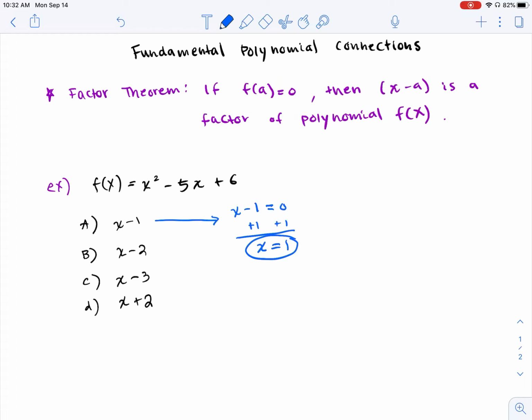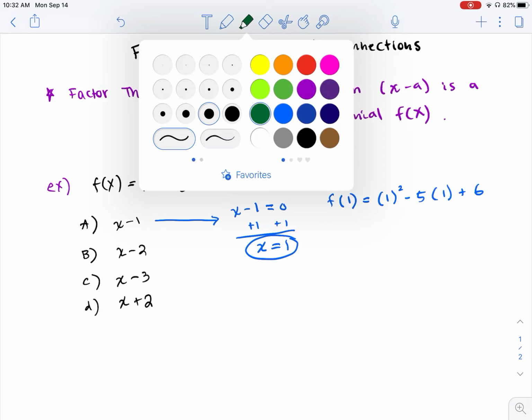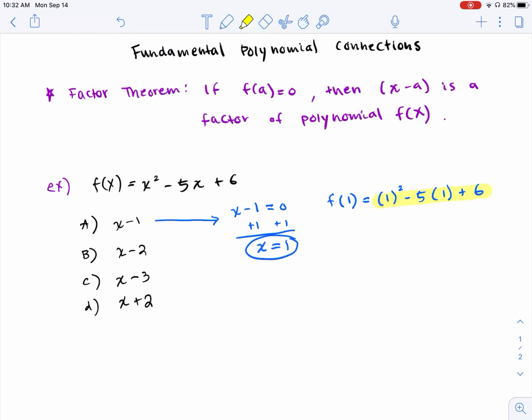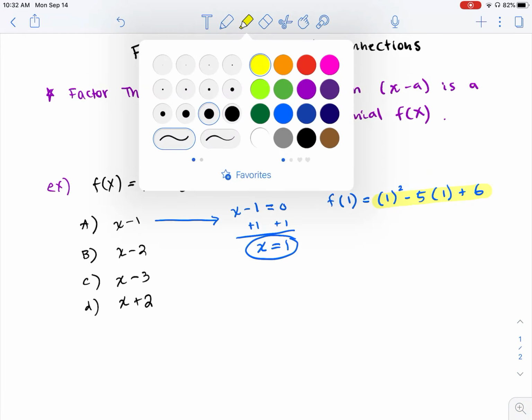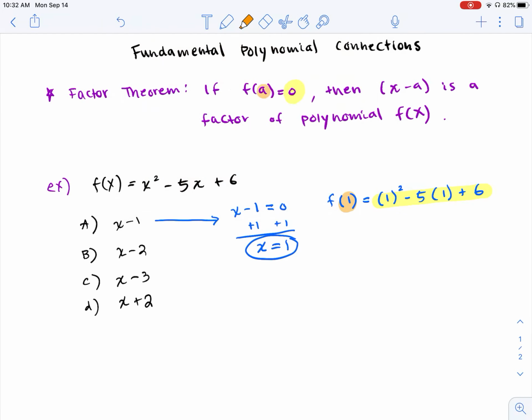Then we're going to plug this 1 into the function. So it's f of 1 is equal to, and we're going to plug everything in. The moment we simplify this, if it is equal to 0, then it's a factor, because right now we plugged in a.